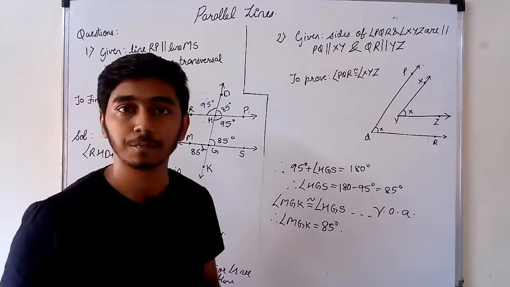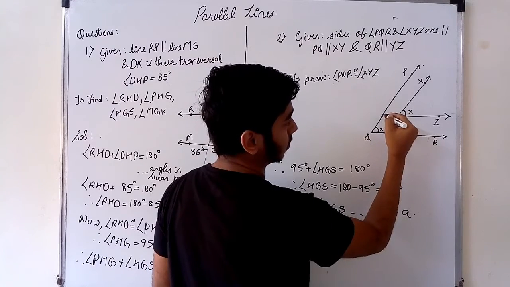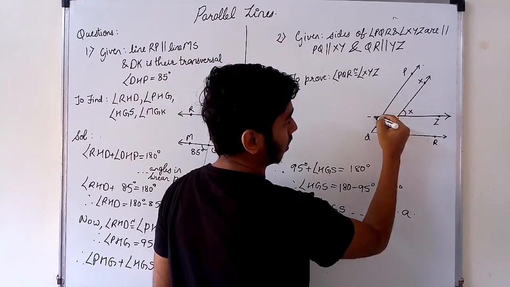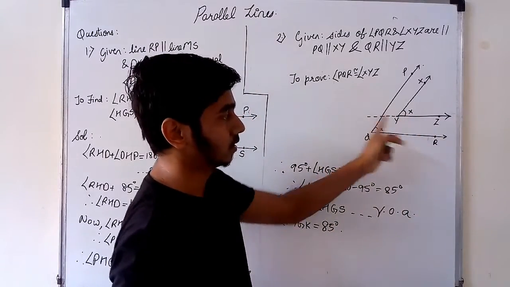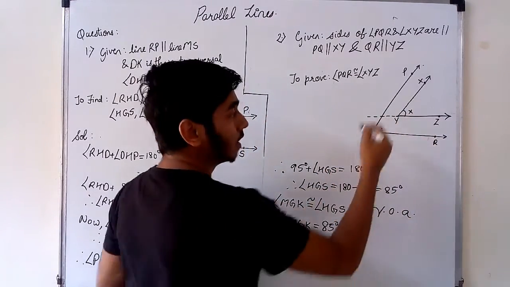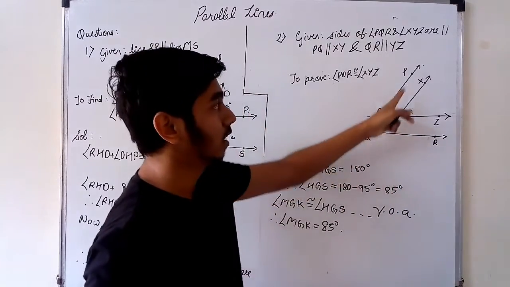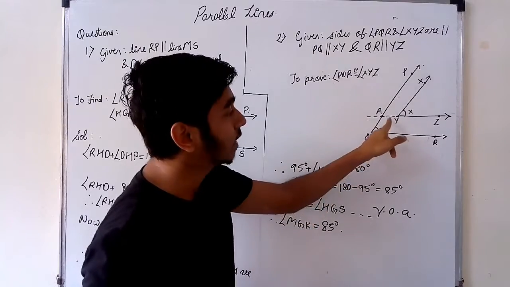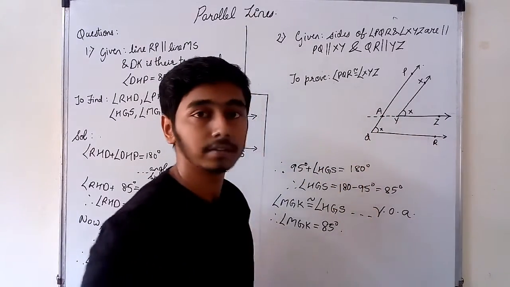We need to prove. So what we'll do is we'll make a construction here. You make a construction extending YZ, meeting PQ at A such that AZ is parallel to QR.